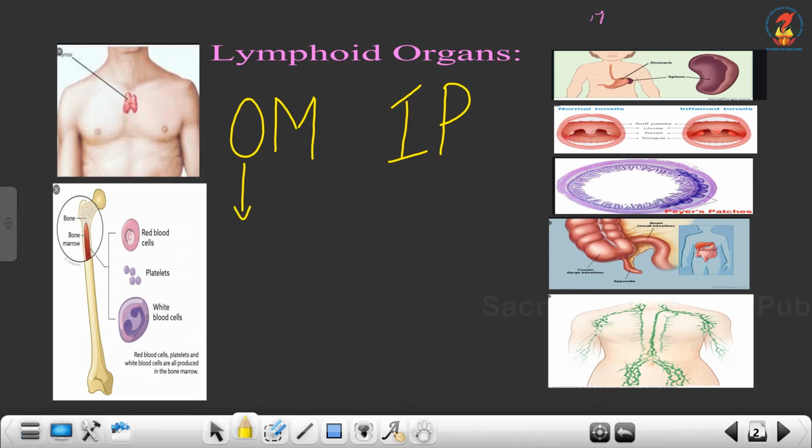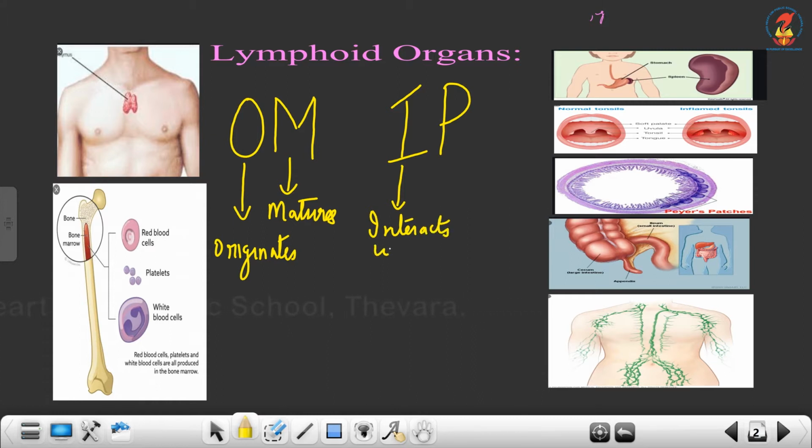O stands for originates, M stands for matures, I stands for interacts. Interacts with what? Interacts with antigens. And P stands for proliferates. They proliferate into effector cells.